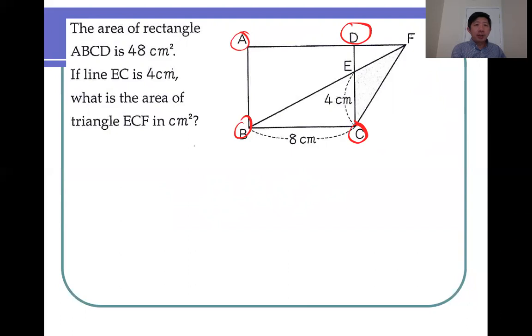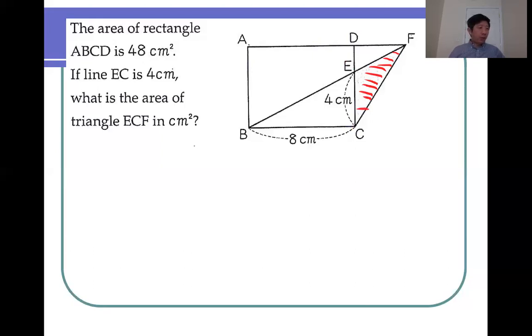If line EC is 4 centimeter, right, what is the area of triangle ECF? So we're looking for the area of triangle ECF, right?